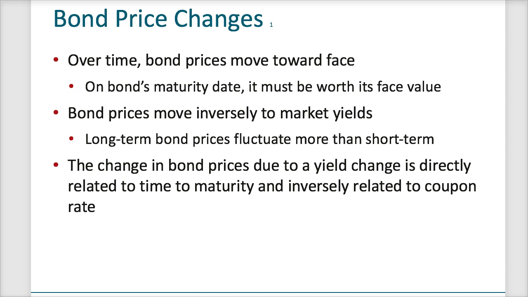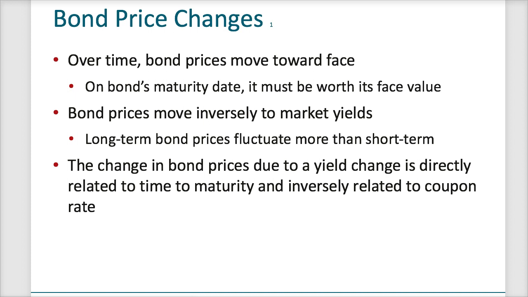So this inverse relationship means that if my current bond is going to be compared to new bonds, and the new bonds pay a higher rate of interest, my bond has to be discounted to make it comparable. So the yield to maturity is similar to the newer bonds at a higher rate of interest.